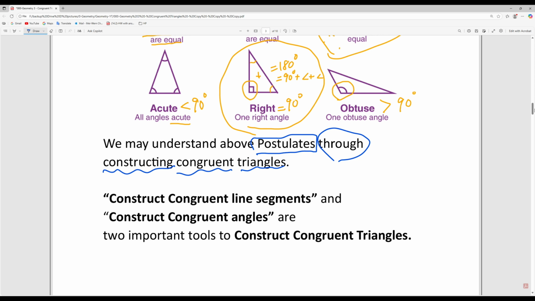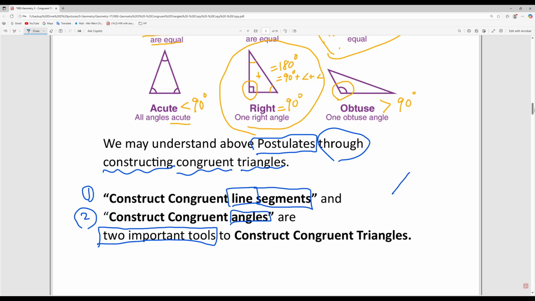Now, there are 2 important tools to construct congruent triangles. Number 1, construct congruent line segments. Number 2, construct congruent angles.